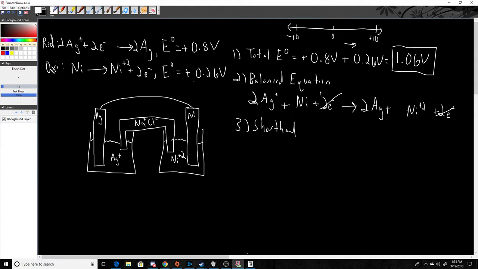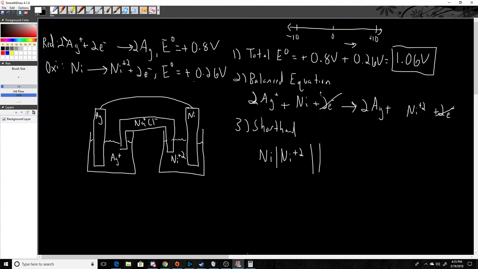So the oxidation reaction is starting at the neutral nickel and is becoming the positive 2 nickel. So I've got neutral nickel, a line, and it's becoming the positive 2 nickel. That's all occurring in one beaker. Okay. I'm going to draw 2 lines to signify that I'm moving to the next beaker.